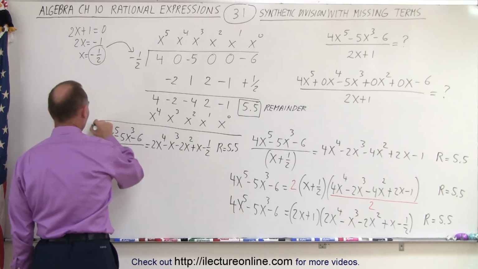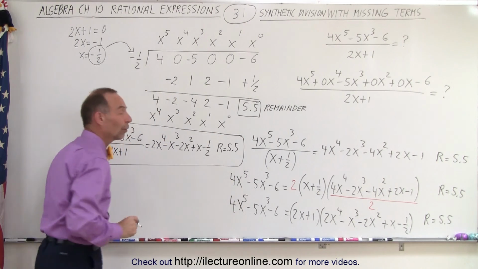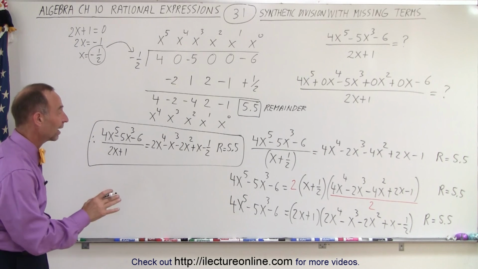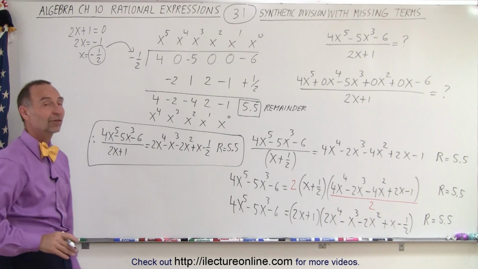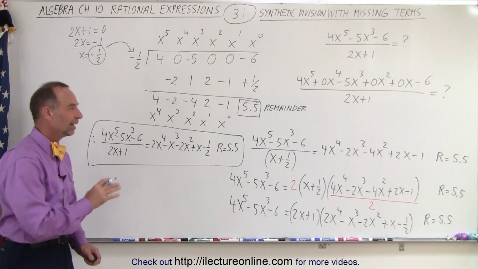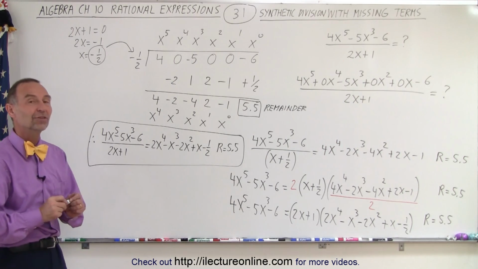And this is the ultimate solution that I was looking for, which is the exact same solution that I got on the previous video when I used longhand division. And that is what it takes to do it using synthetic division.